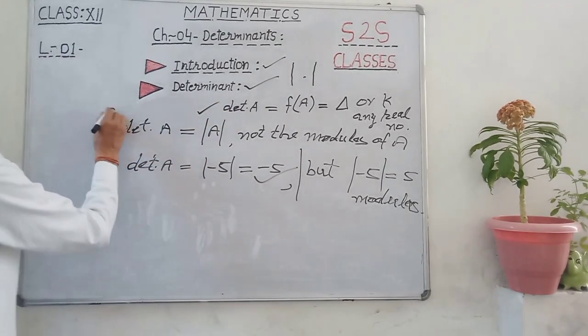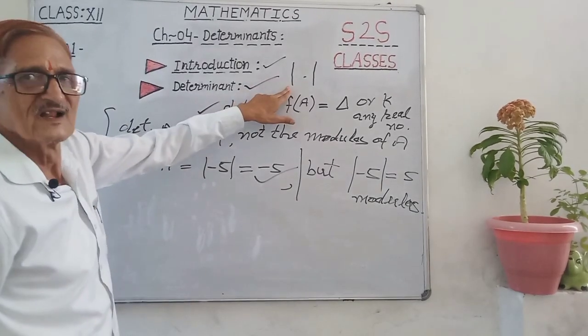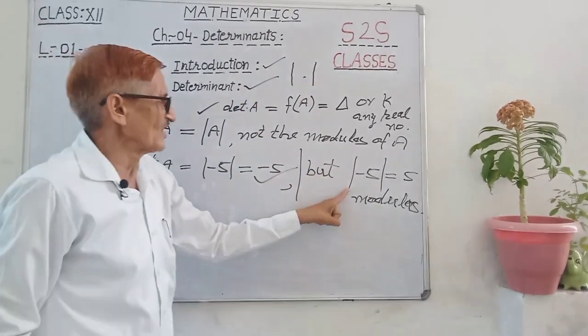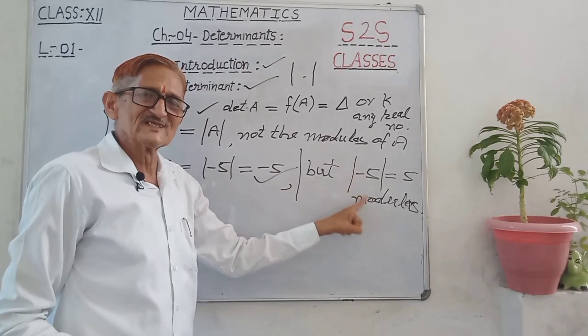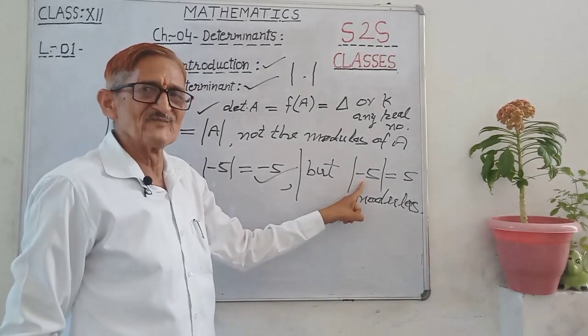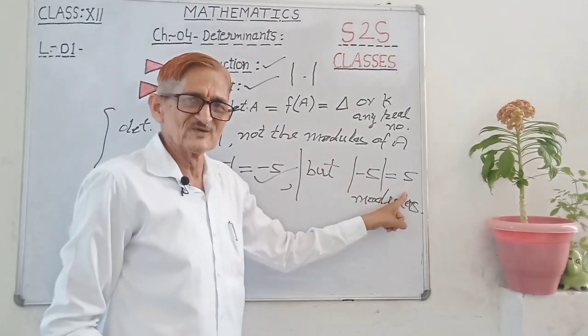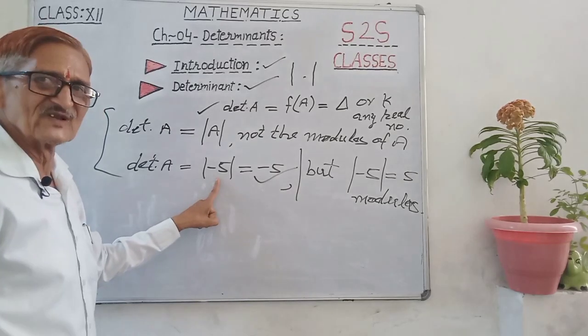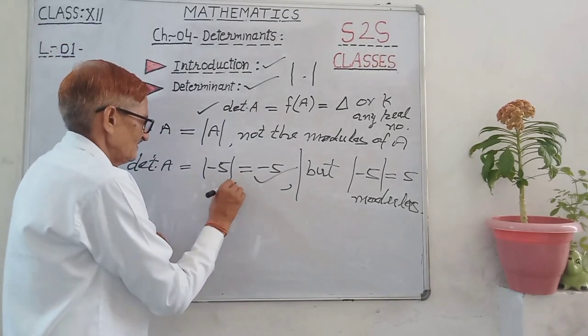The determinant symbol is the same as the symbol of modulus, but the modulus symbol makes a negative number positive. But here, for the determinant of any 1 by 1 square matrix, what will its value be? As it is, whatever the number is. Okay, 1 by 1.